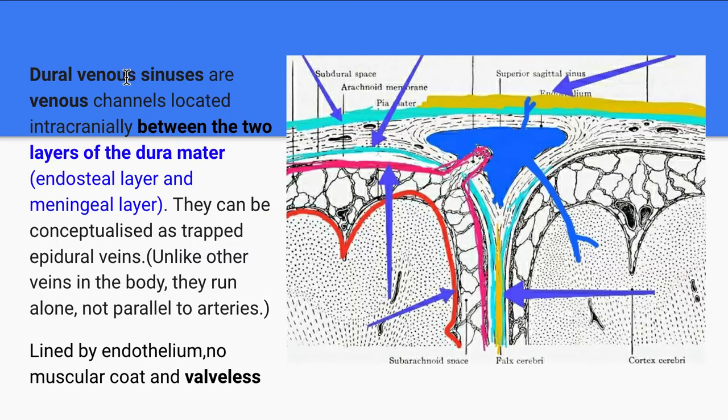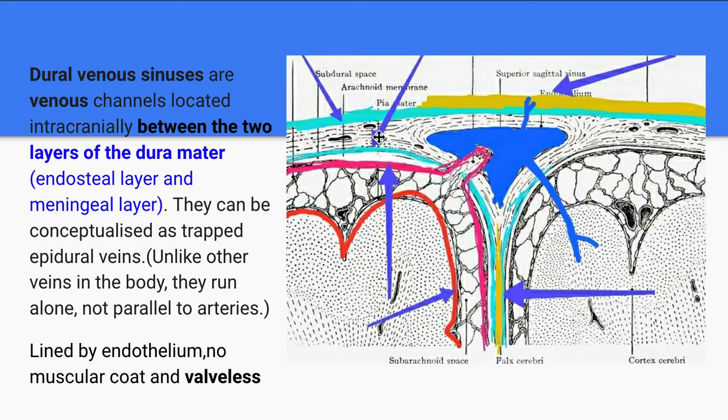The dural sinuses are venous channels located intracranially between the two layers of the dura mater, the endosteal layer and the meningeal layer. See, in the previous video, we talked about the meninges of the brain. The outermost was the dura mater, the middle the arachnoid mater, and the innermost was the pia mater.